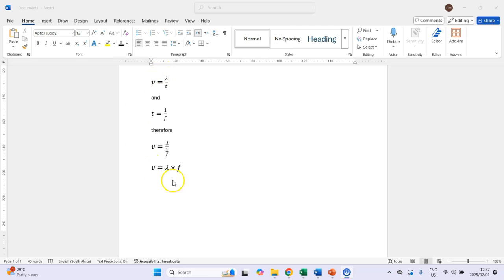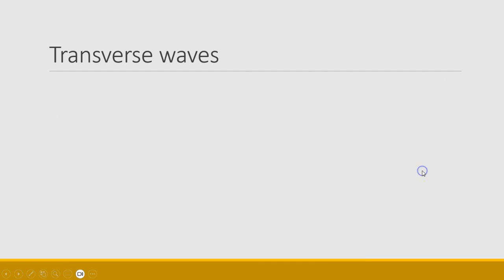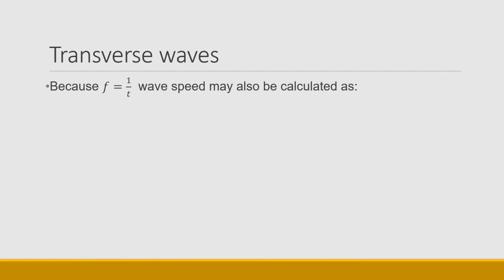Now, if you don't understand this derivation, it is not important, but I just wanted to show it to you. So again, because frequency is 1 over period, then the wave speed may also be calculated as wavelength times frequency.